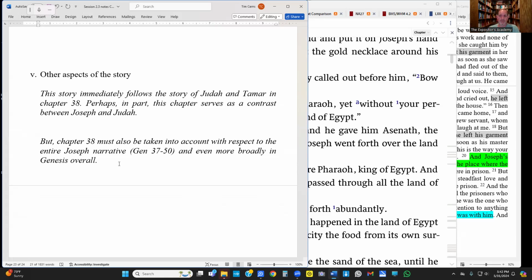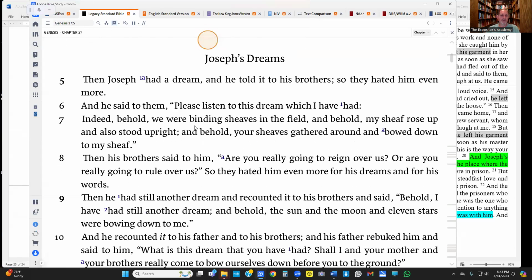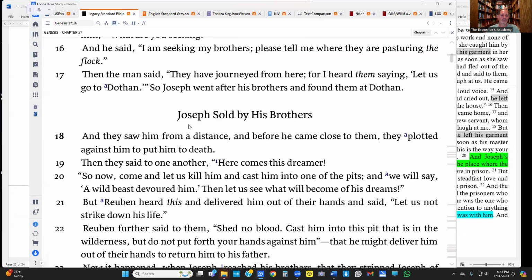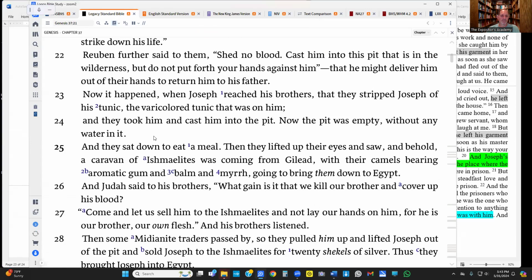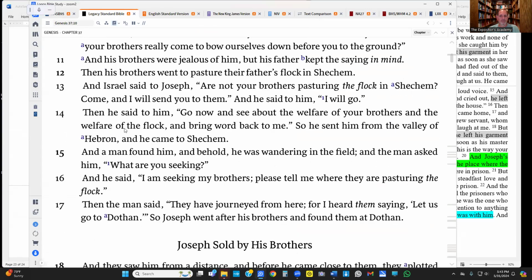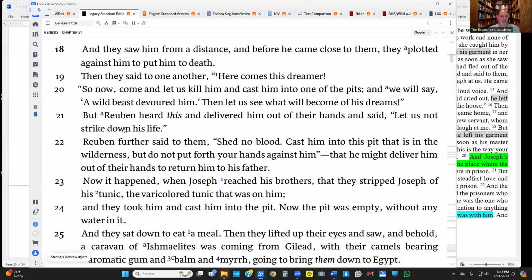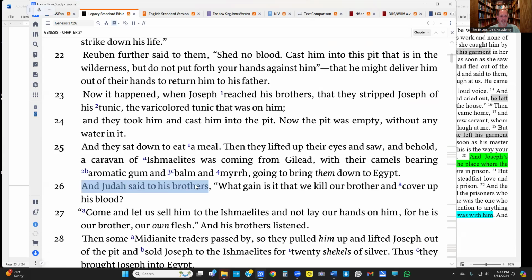I pointed out to you, by the way, if you want to just have a hint of what to consider here, in Genesis 37, remember, Judah was the one who sold, where is it? Judah said to his brothers, let's sell him.